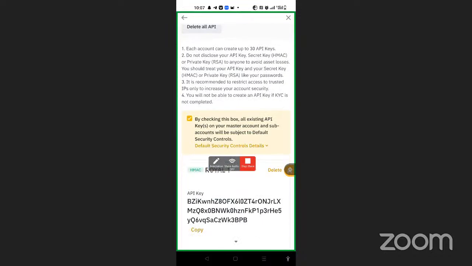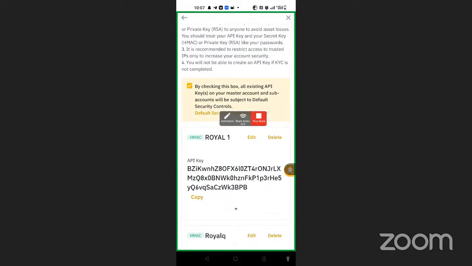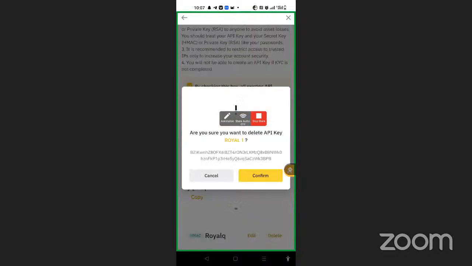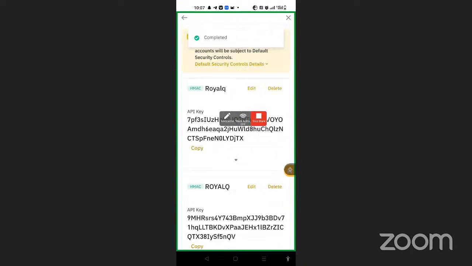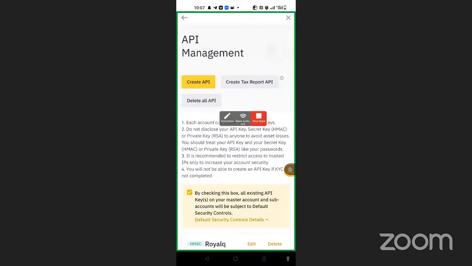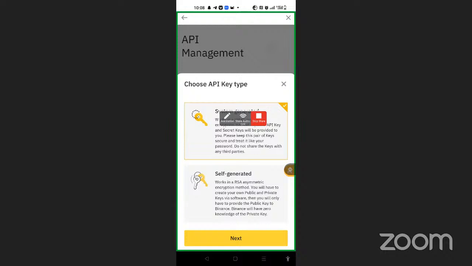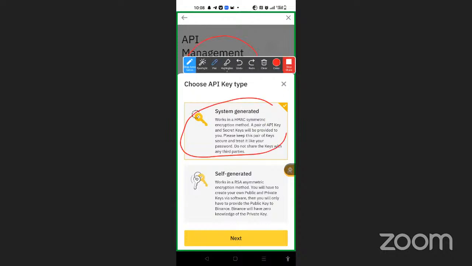Let me see which one I'm removing. I think this one. Hope I'm not removing others. I think it's the one. Now, when you tap on Create API, you tick System Generated.